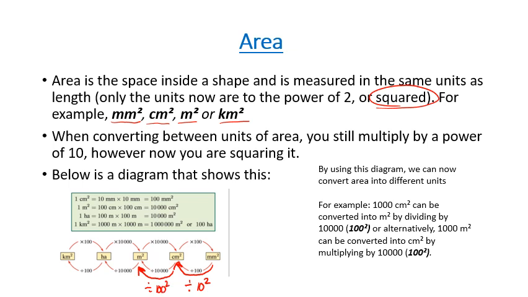Now this has hectares in it, but I'm going to skip hectares. If I wanted to go from meters squared to kilometers squared, normally, if I was just going from meters to kilometers, I'd divide by 1000. But in this particular case, I'm going to divide by 1000 squared. So we're doing the exact same conversions we did before, but we're just squaring the multiplier.